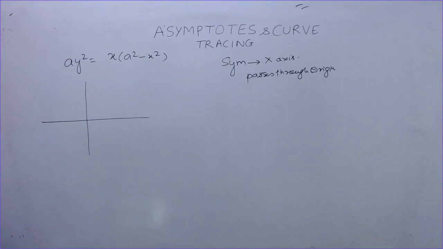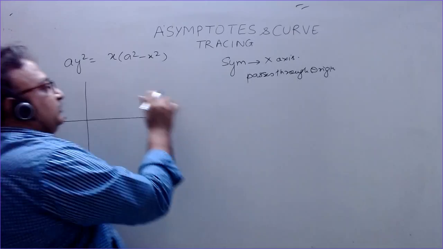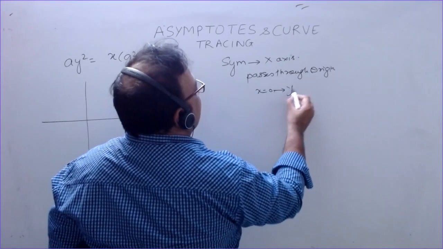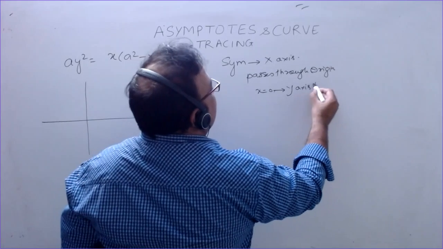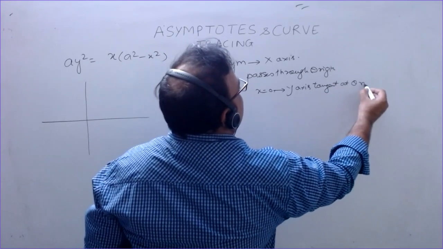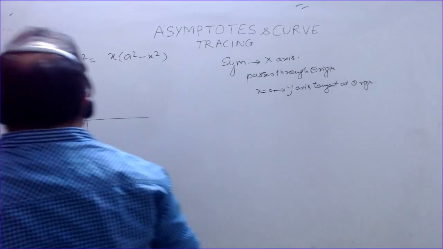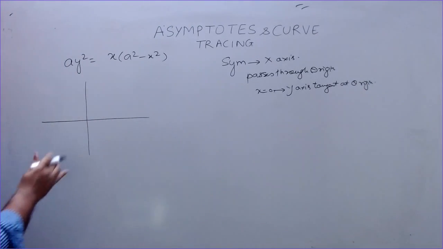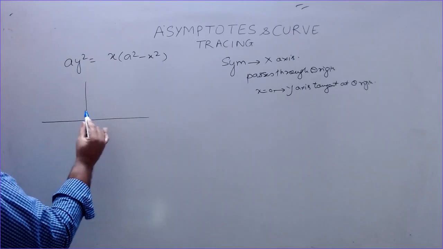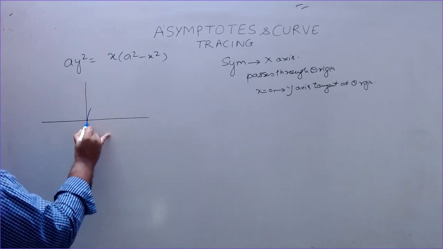The lowest degree term here gives x equal to 0. So x equal to 0, that is the y-axis, is the tangent to the curve at the origin. It means the curve, which is symmetrical about the x-axis and touching the y-axis, should be somewhat like this here.